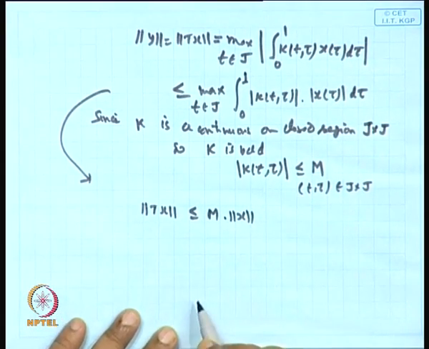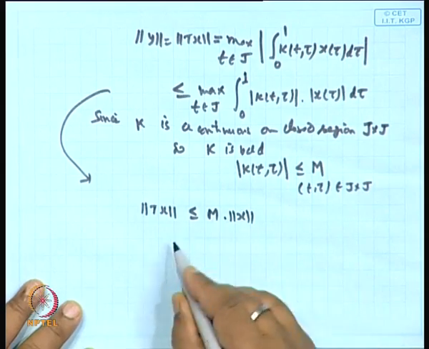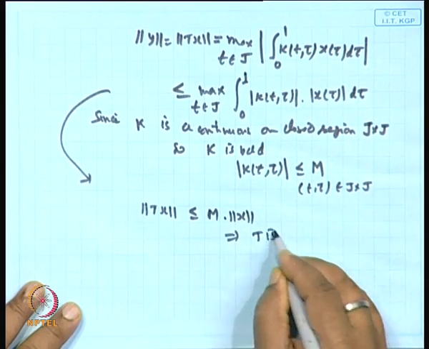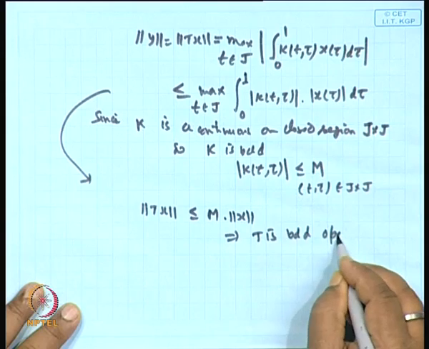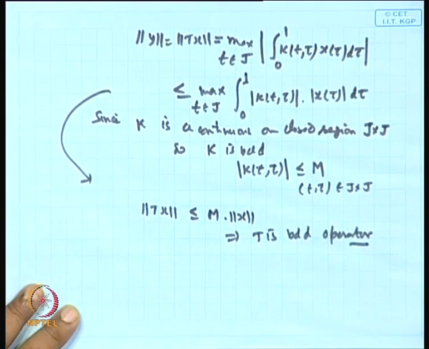So, we get this, and hence this shows T is a bounded operator. So, the integral operator comes out to be a bounded linear operator.